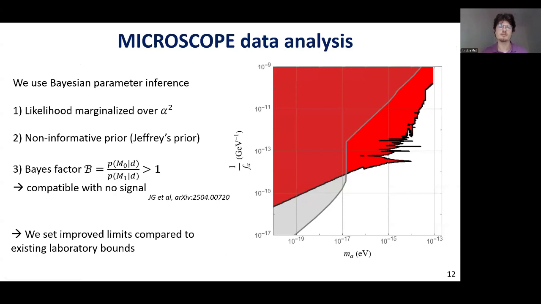So now let's look at the result. To analyze this data, we use Bayesian parameter inference again. The first thing that you need to do is to marginalize over alpha squared because it's a nuisance parameter. A second important part of our data analysis is to use a non-informative prior, for example, a Jeffreys prior.